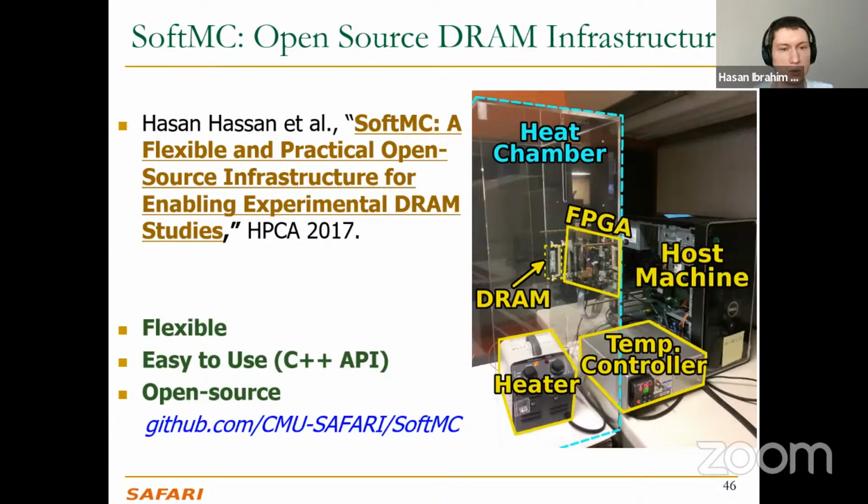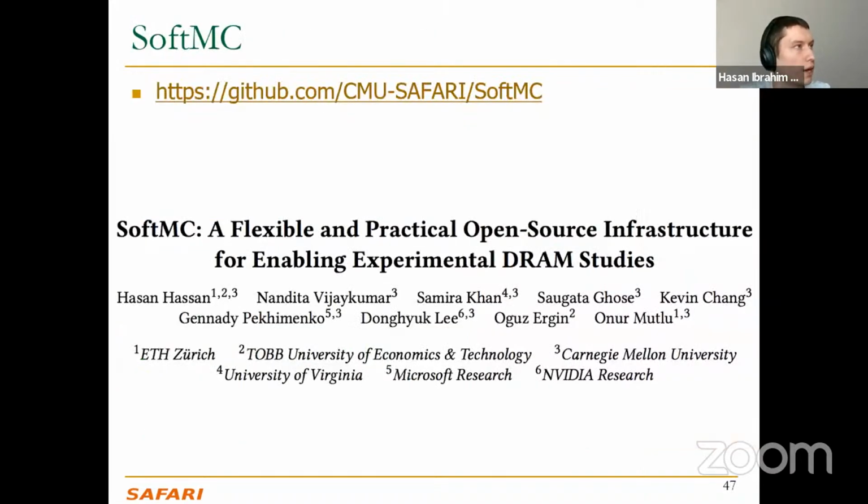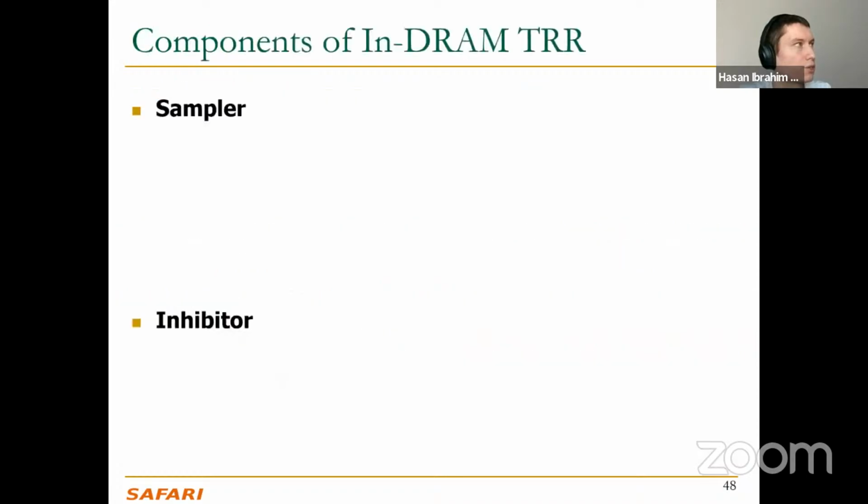For this work as well, we use SoftMC for initial analysis of the DRAM modules, to try to understand the TRR mechanism. But we also executed these many-sided RowHammer access patterns on real systems, like desktop machines and also mobile devices like smartphones, and we were able to see bit flips. Here is again a reference to SoftMC.